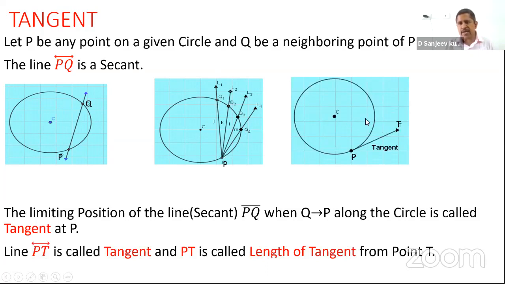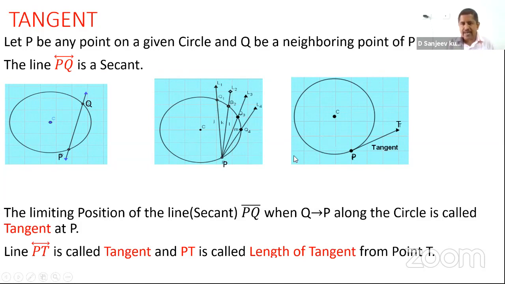So what did you observe? This line has become a line which touches the circle at only one point. So the limiting position of the line. What do you mean by the limiting position of the line? It means that once you move this secant closer and closer, as Q is approaching P, as the point Q is coming nearer and nearer to P along this circle, you move along this circle, right?